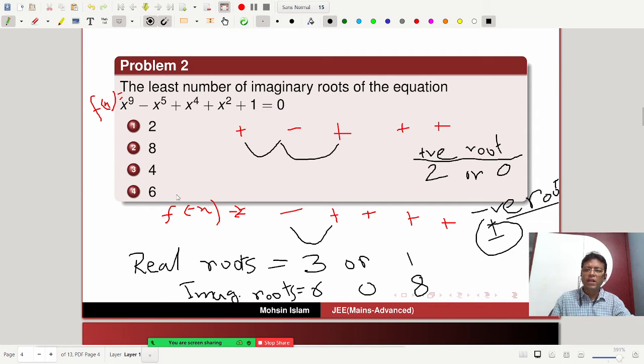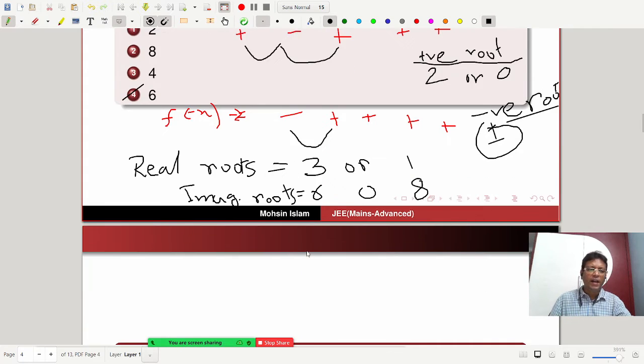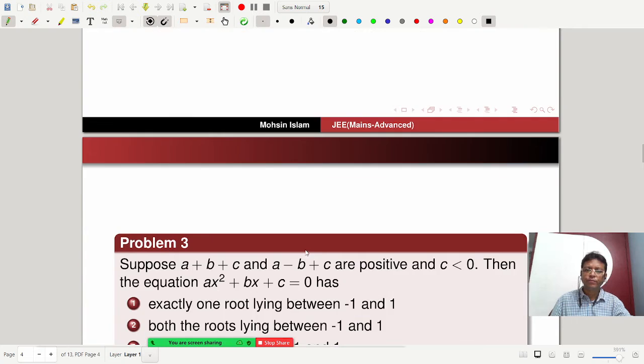So the least number of imaginary roots will be 6. So your option is the last option, the fourth option, 6. Descartes' rule gives you the rough estimation of the roots. Okay, let's move to number 3.